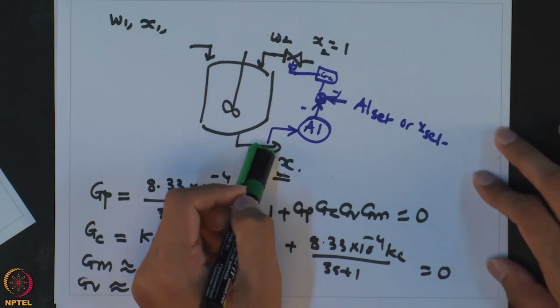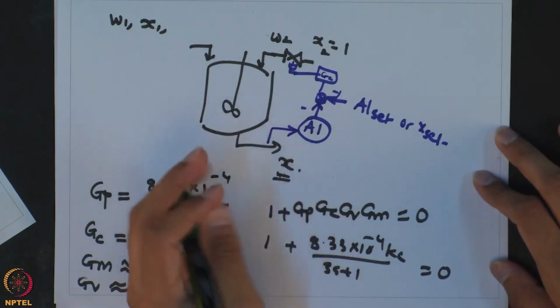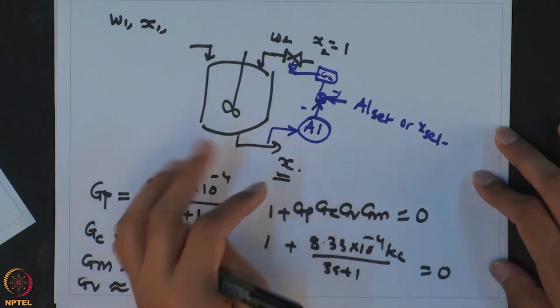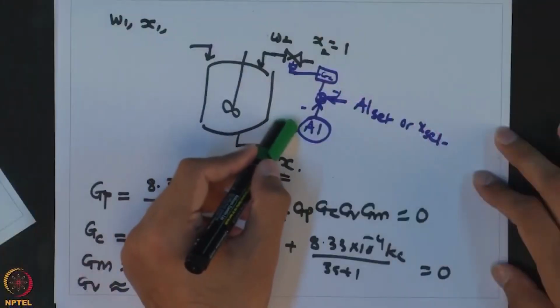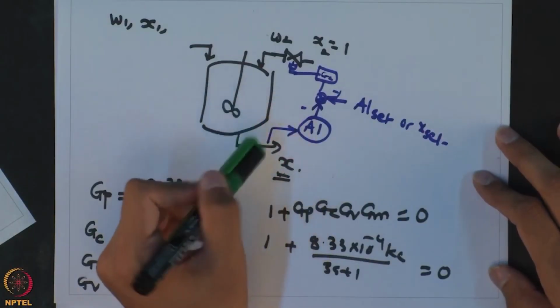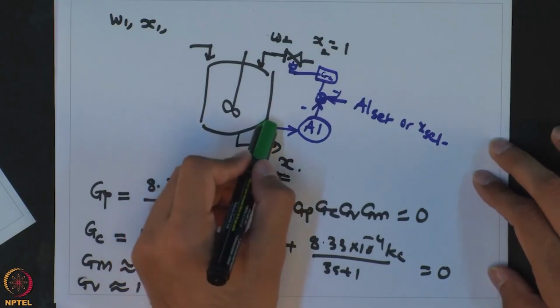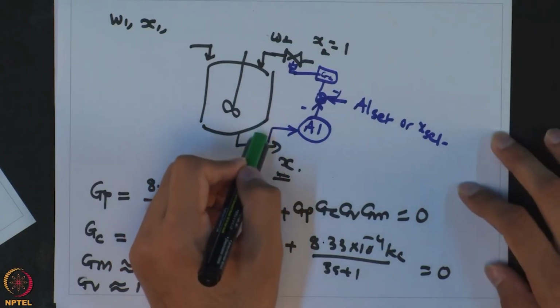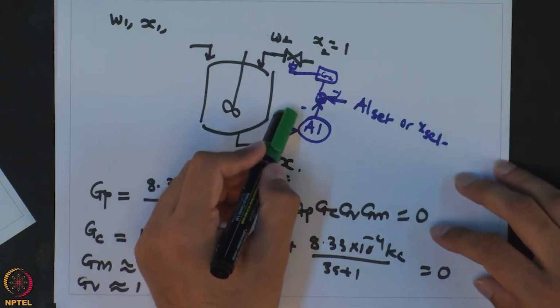Typically temperature, pressure, level, or even flow, all these things can be measured almost instantaneously, and there is almost no lag between the change in the variable and what you get as the measured value. However, the same cannot be said about composition. Composition measurements are very tricky, and even though we have sophisticated instruments like GC, there will still be some amount of lag by the time you have the measurement in a digital form.